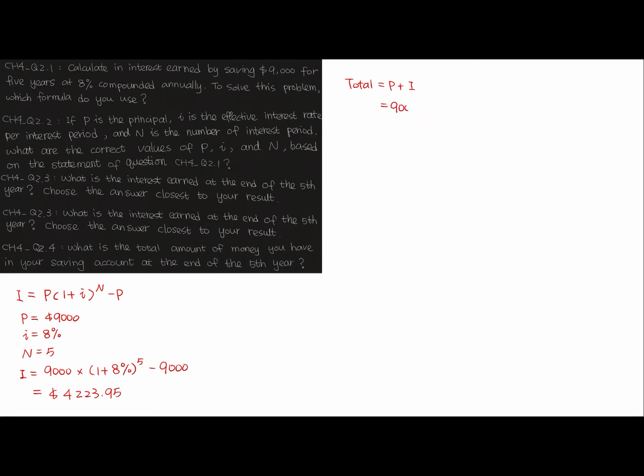Your principal is 9,000. Your interest is 4,223.95. So your total amount is 13,223.95.